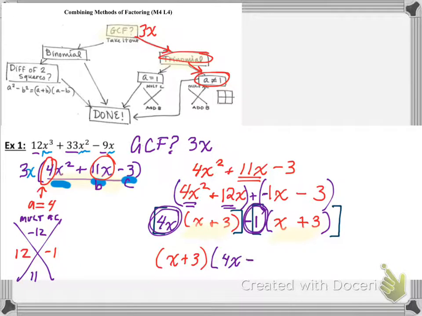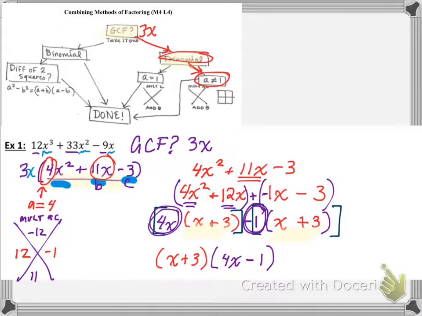minus 1. Okay, and if we were to multiply this back through, we should see that we get the original trinomial of 4x squared plus 11x minus 3. One last thing, though, to get my final answer, I don't want to forget to write the GCF out front.